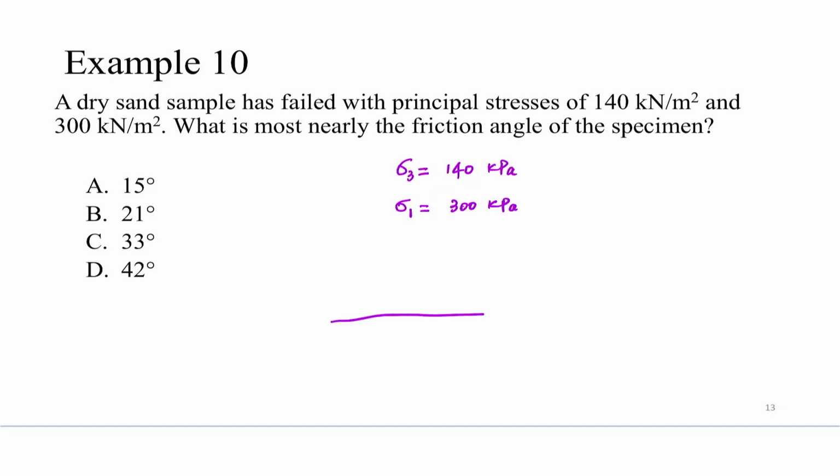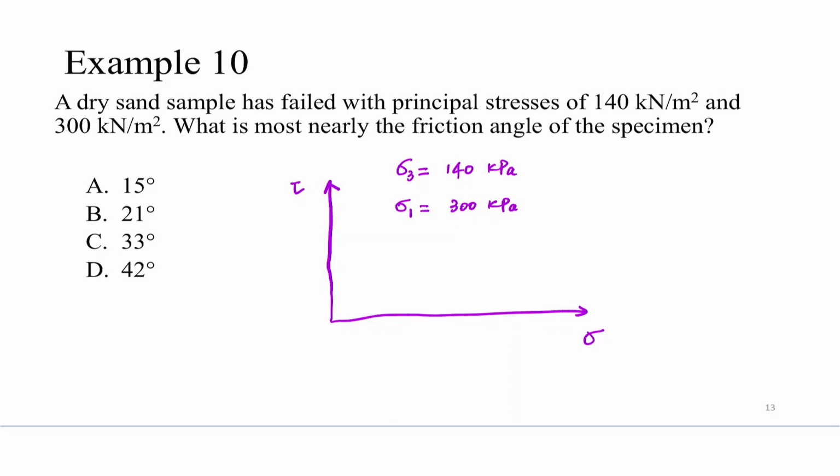So to solve this problem, you can use a Mohr-Coulomb circle, and I love Mohr-Coulomb circles because those are just beautiful and very elegant graphs for you to solve problems, right?